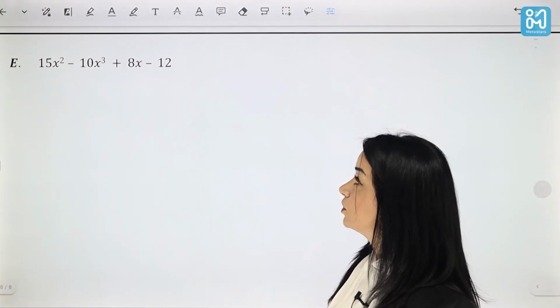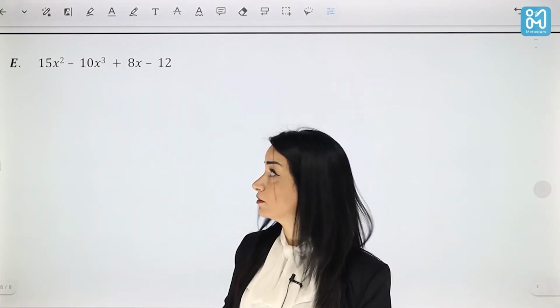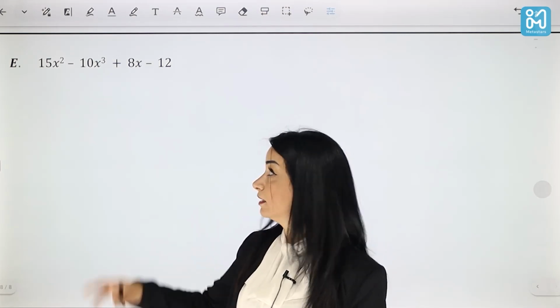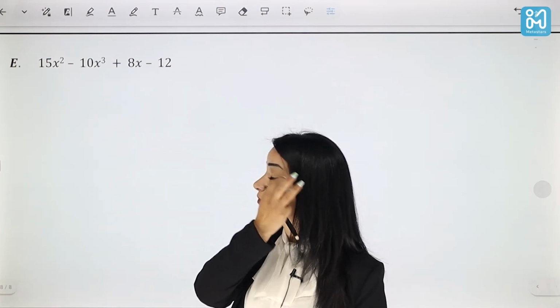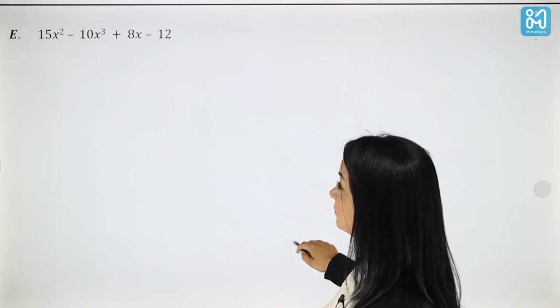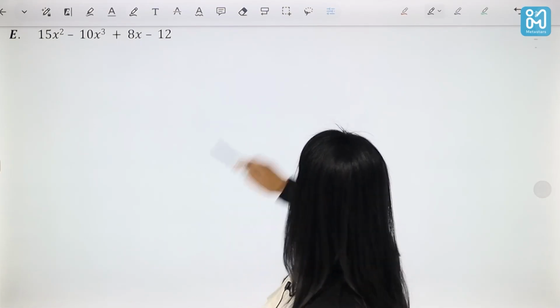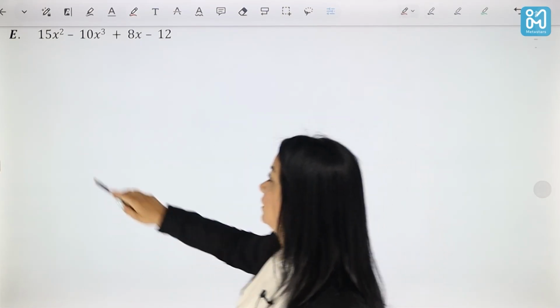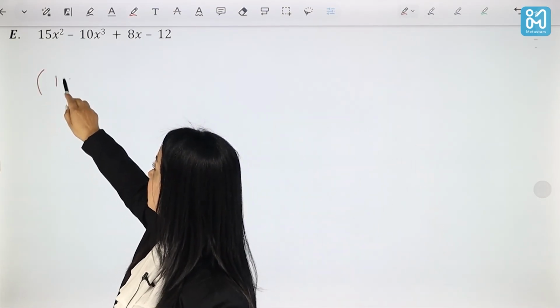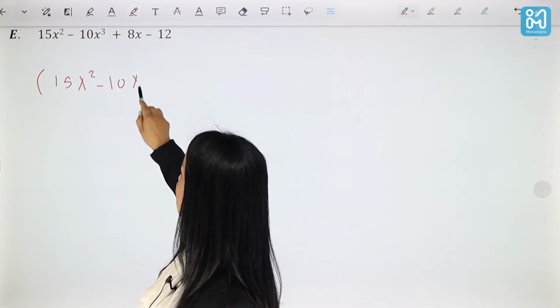Okay, so again, I have 4 terms. I need to take 2 terms together and each 2 terms together and keep between them always the addition. So let's start. 15x squared minus 10x cubic.